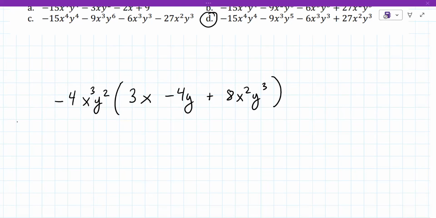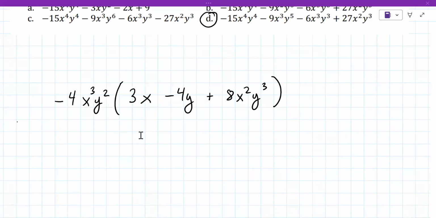Negative 12 x to the 4 y squared minus 16 x to the 3 y to the 3 plus 32 minus 32 x to the 5 y to the 6.